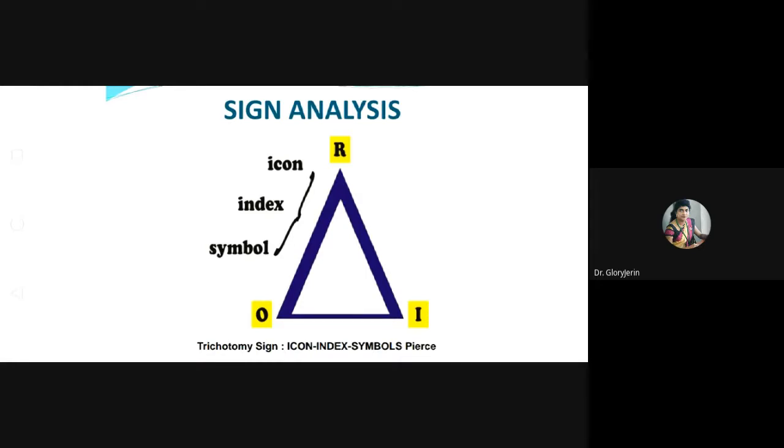Relation with the object is according to R to O, and according to the interpreter is R to I. The form or function of R is a medium to interpretation, like the perfume bottle is a medium to interpretation.